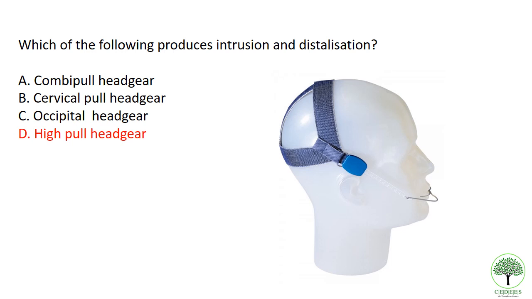Those cases are ideal cases for a cervical pull headgear because it helps in extruding the molars, which helps in opening the mandibular plane angle, and as well as distalization effect is seen. Occipital headgear is very similar to the high pull headgear, but the high pull headgear derives more so anchorage from the parietal region, so the best answer to this question would be a high pull headgear.